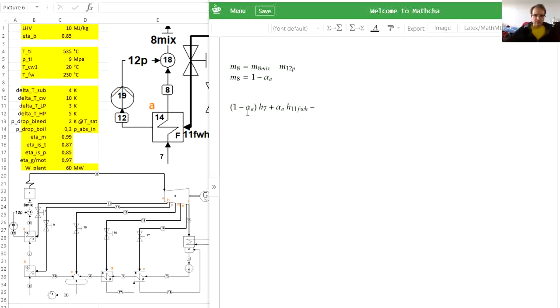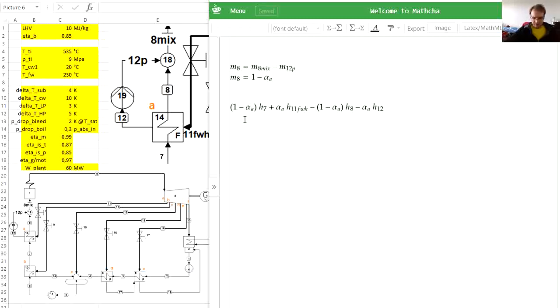And the outlets are 1 minus alpha A times enthalpy at the point 8, and alpha A times enthalpy at the point 12. So this is one equation with one unknown, which is alpha A.